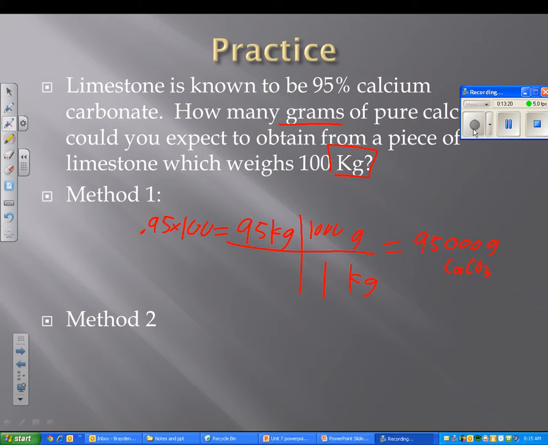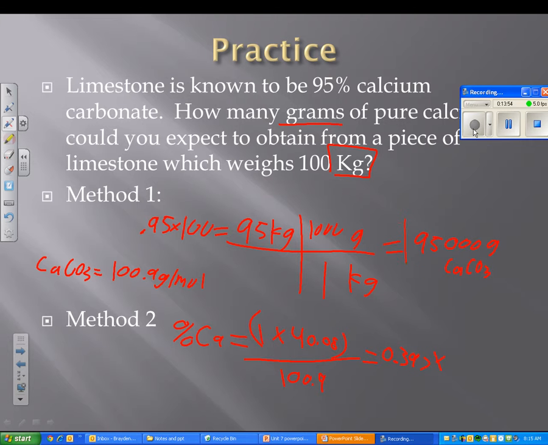So now we can do a percent composition. CaCO3 has a molar mass of 100.9 grams per 1 mole. We're looking for just the calcium, so percent Ca. There's one calcium atom. Each calcium is 40.08. There's your part, divided by the whole of 100.9. That gives you a decimal of 0.397.